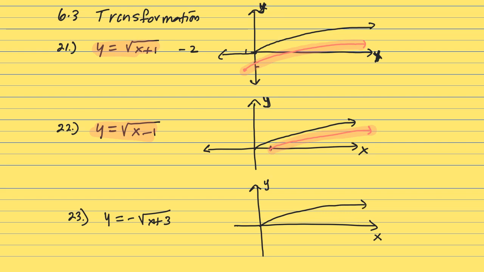The plus 3 is going to shift it to the left 3 units. And the minus is going to reflect it over the x-axis. So it should look something like this. So let me go ahead and highlight the new function. And that's what you have to do for 21, 22, and 23.